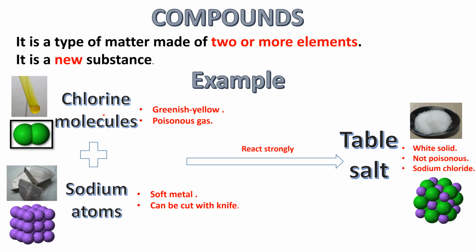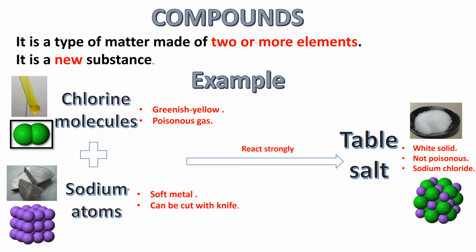So chlorine molecules plus sodium atoms will produce sodium chloride, ordinary table salt. This is a new substance. One substance plus another substance produces a new substance.